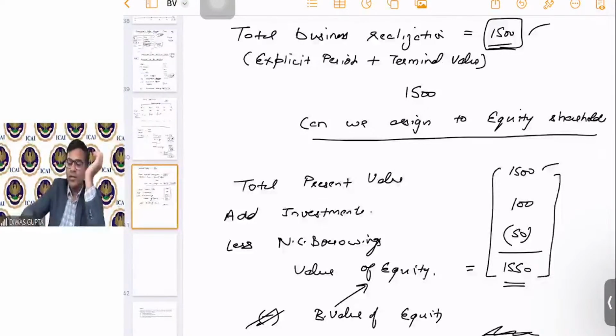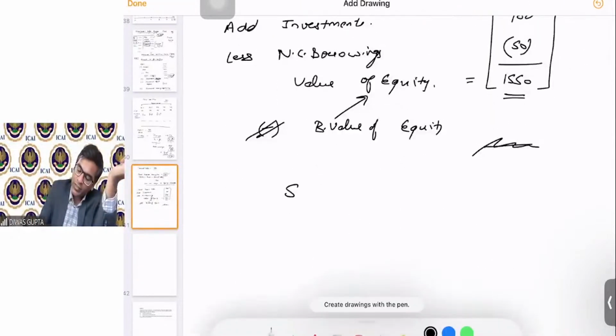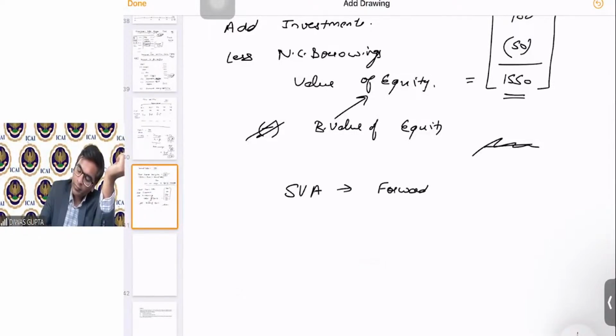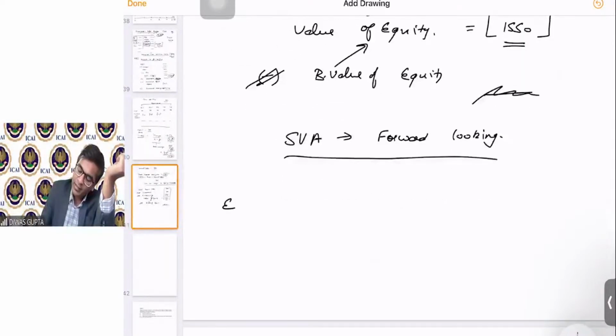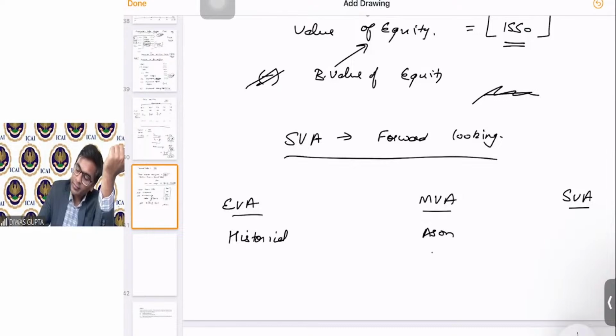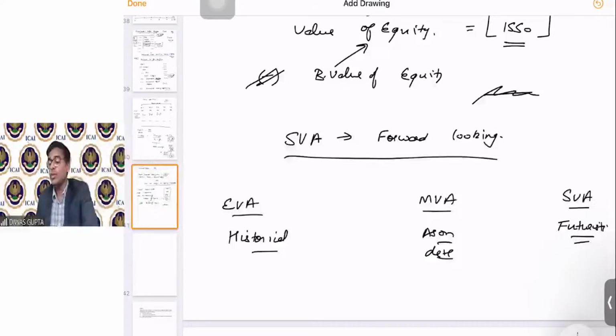Now, what insight we are generating from SVA is that SVA is actually forward looking. So students, can we draw a line between these three, EVA, MVA, and SVA? EVA is historical numbers. MVA is as on date, and SVA is futuristic, which takes into account what is going to happen in future, right?